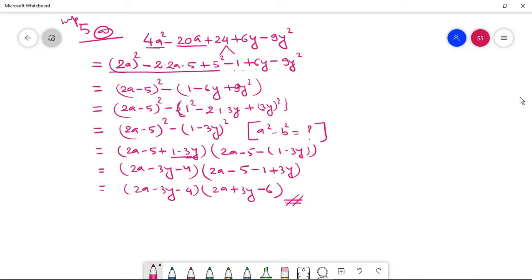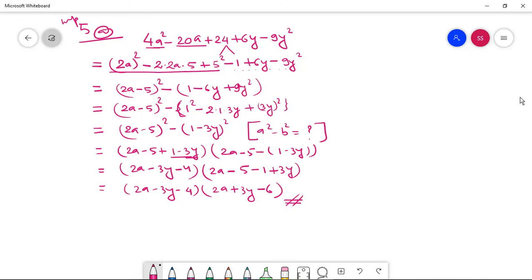Now calculate: 2 times 2a is 4a, so as b we need 5, because 5 times 2 times 2 times a makes 20a. As b we have already fixed 5, so 5 square I have written. All these three terms make a perfect square, which will be (2a minus 5) whole square. That is our target, our objective, our plan.